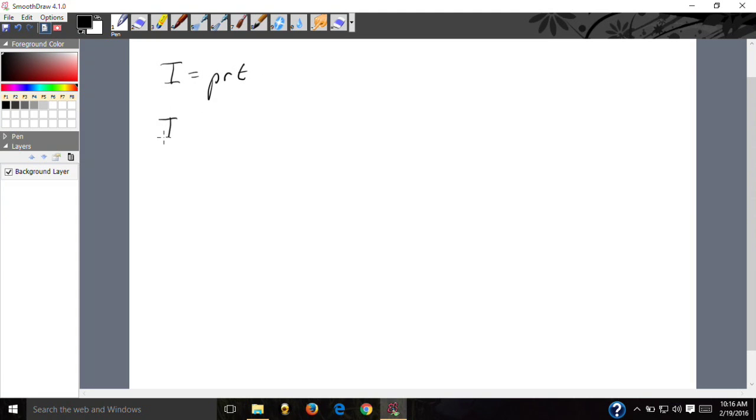So I have my interest, my principal, and my time period. Now, you probably noticed before I got over here that on the previous paper I said that time period must always be measured in terms of a year. Now, that's very important because if you don't do that, your finance equations will be calculated incorrectly.